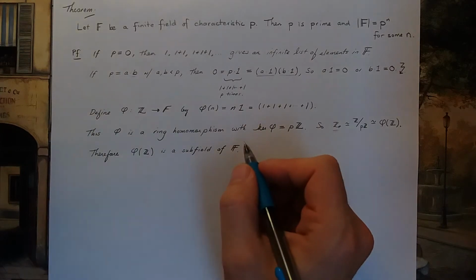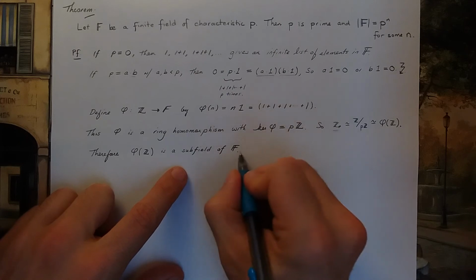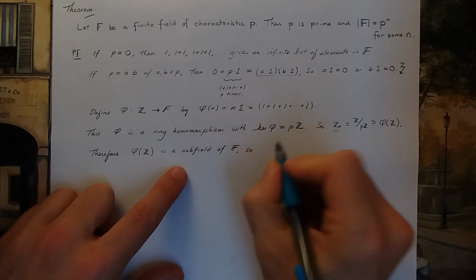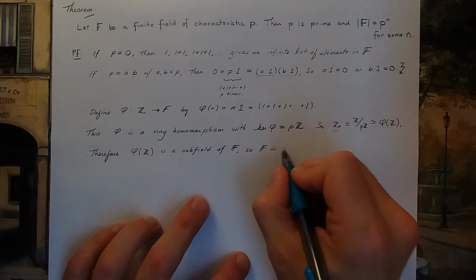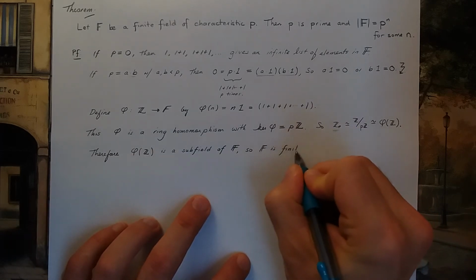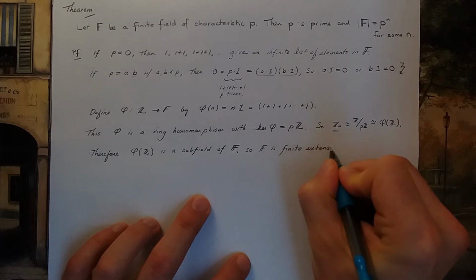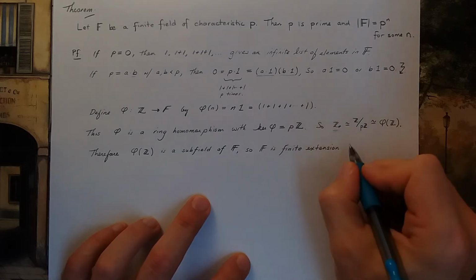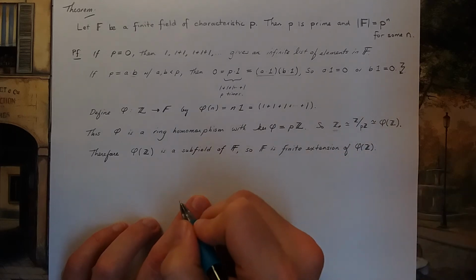So F contains this field and more, so the name for that is that F is a field extension, a finite extension, since it's a finite field, of this subfield.